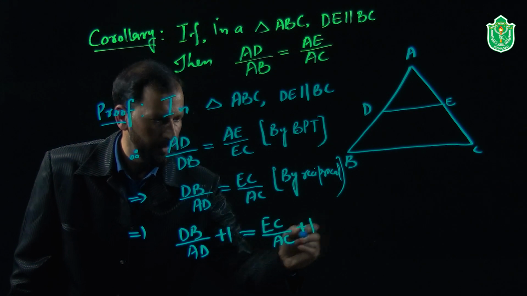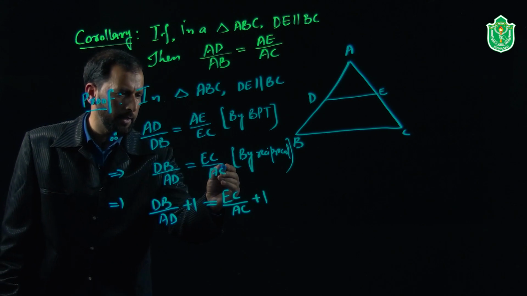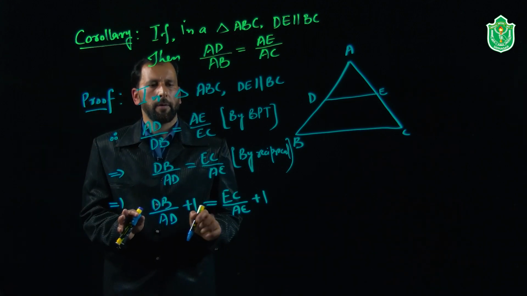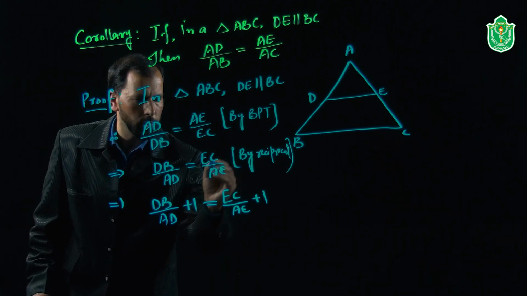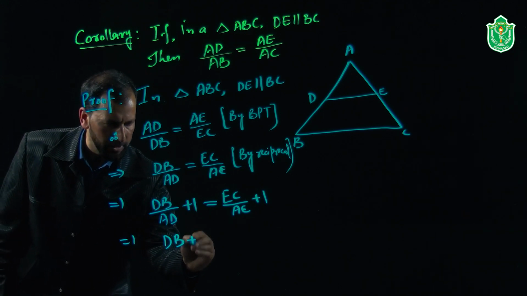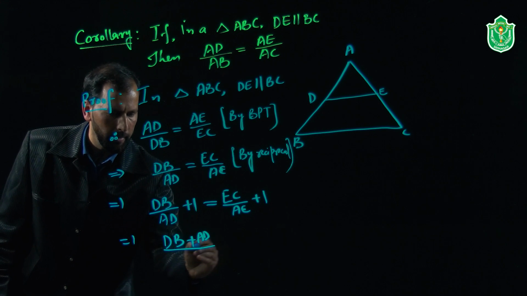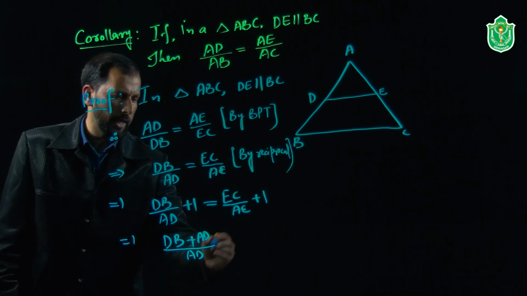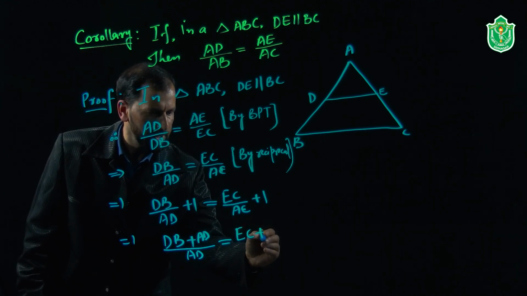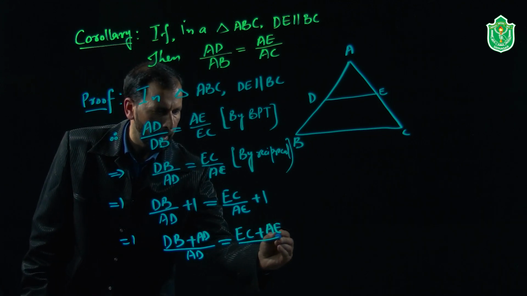Now simplifying, DB plus AD all divided by AD is equal to EC plus AE all divided by AE.